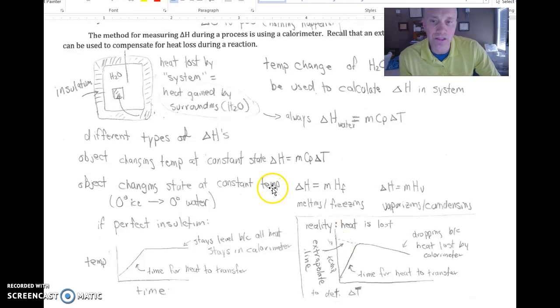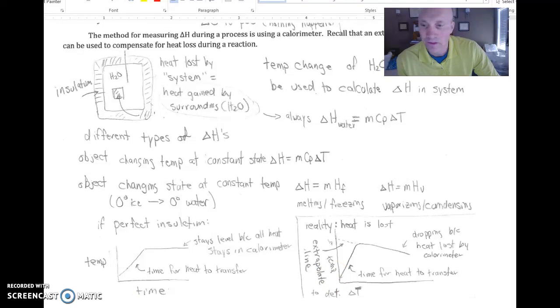That would be the delta T in a perfect situation where, number one, the metal gave all of its heat to the water instantaneously, and number two, all of the heat stayed within the calorimeter. We know that both of those are unrealistic, but by extrapolating this line, it allows us to calculate what that value would be.